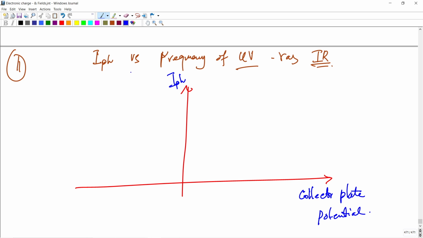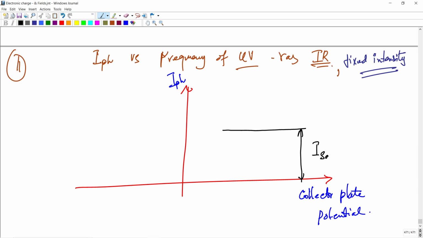Here we keep the intensity fixed but vary the frequency. If the intensity is fixed, you get a fixed saturation current, I sat, because we discuss only one intensity here.